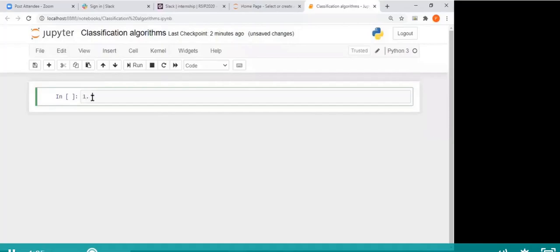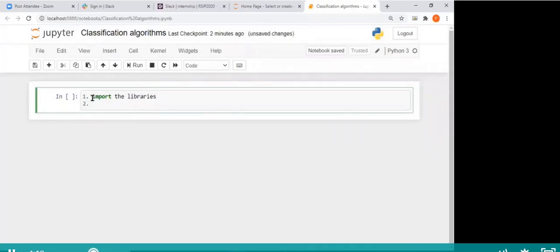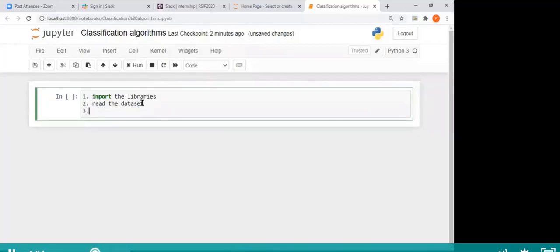As usual, the first one is importing the libraries. Second one is read the data set. Third one is apply pre-processing techniques.